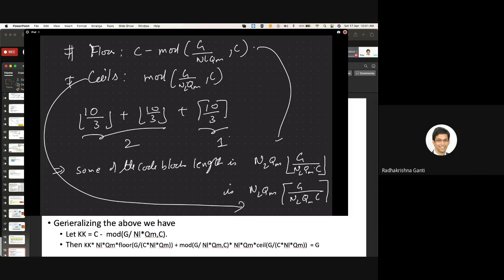So now we have decided the effective code block lengths that you should have.